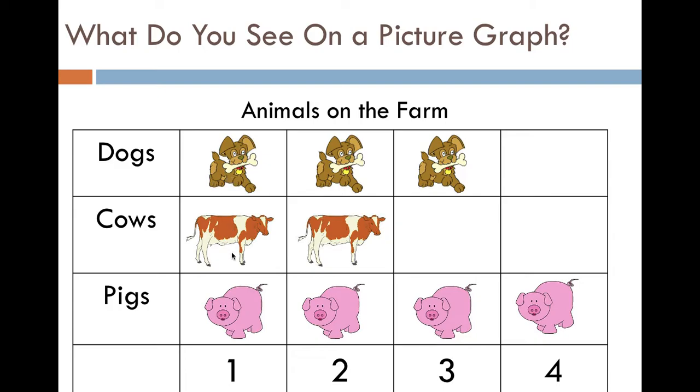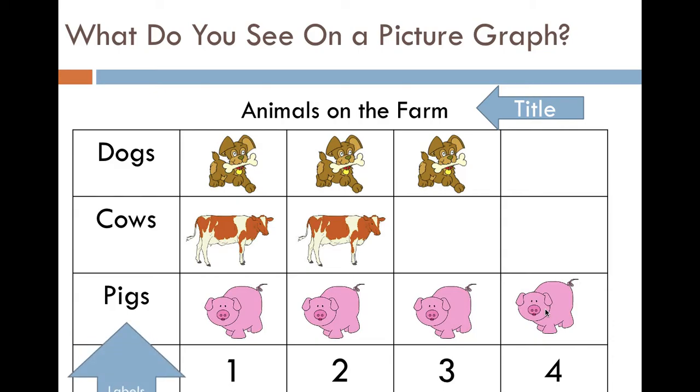In each row, so if we go this way, it's a row, there's a different amount of the animals. In this row, there's 1, 2, 3 dogs. In this row, there's 1, 2 cows. And in this row, there's 1, 2, 3, 4 pigs.